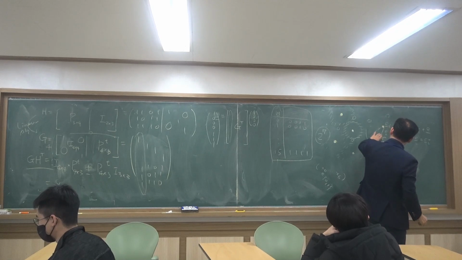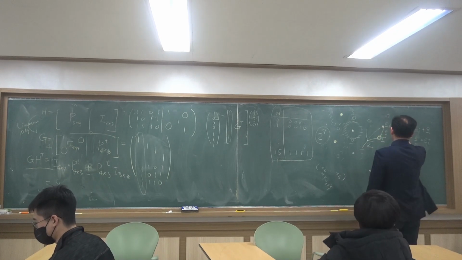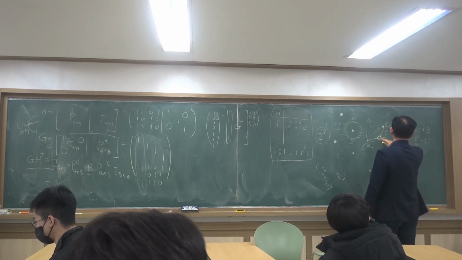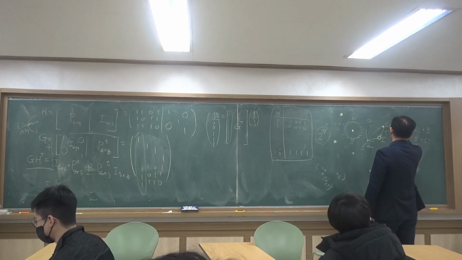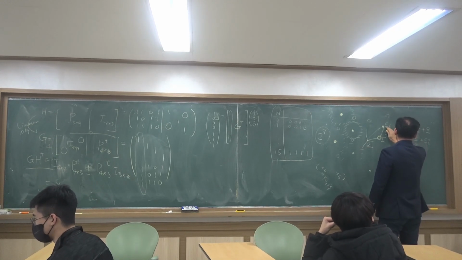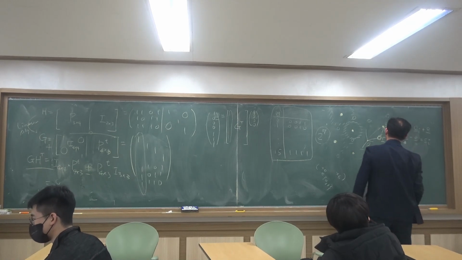Which way should the arrow go? Wait a moment. r minus e equals ci, so ci equals r minus e. So I think this one should go that way.